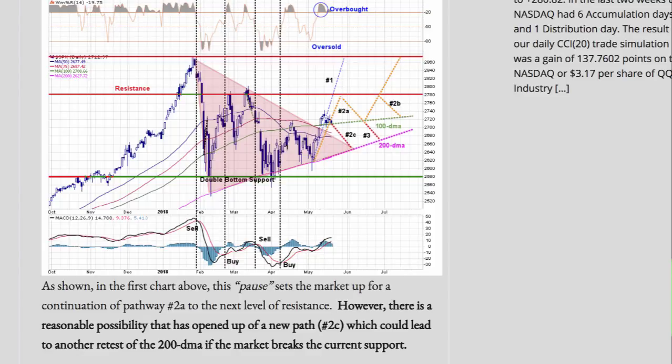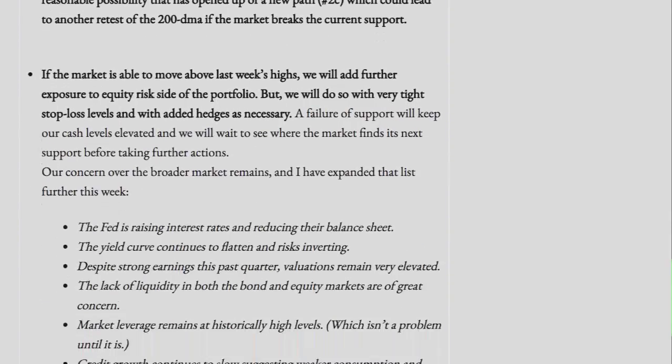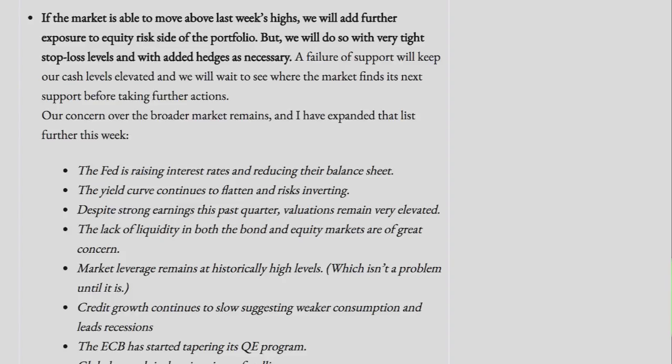However, there is a reasonable possibility that has opened up of a new path, number 2C, which could lead to another retest of the 200 DMA if the market breaks the current support. If the market is able to move above last week's highs, we will add further exposure to the equity risk side of the portfolio.